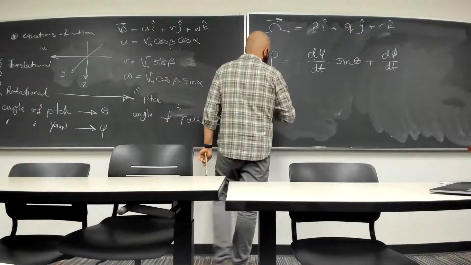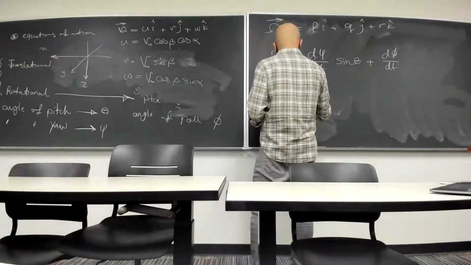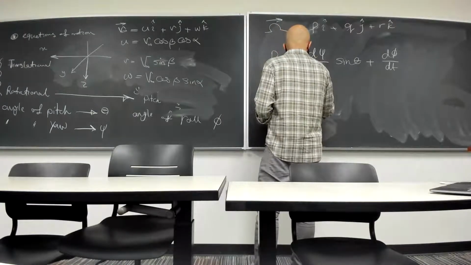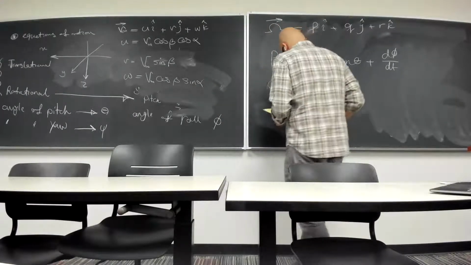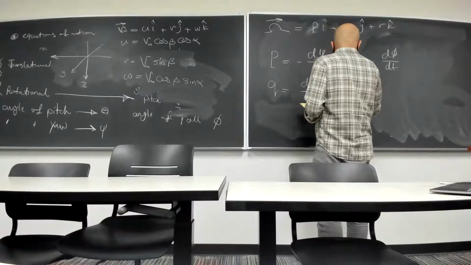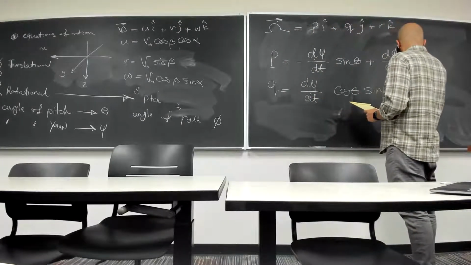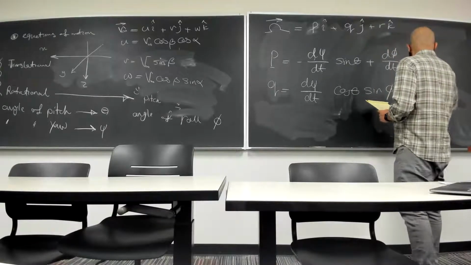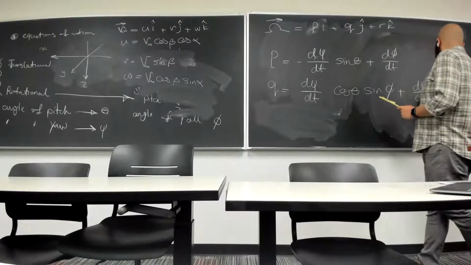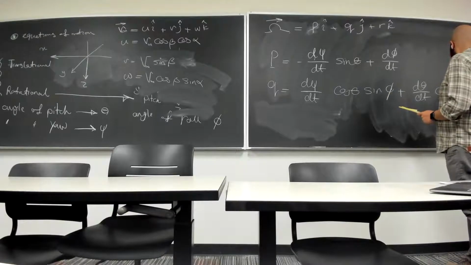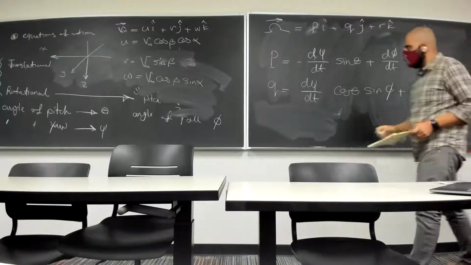Q is going to be equal to d psi dt cosine of theta sine of phi. I don't really memorize these parts myself. Plus d theta dt cosine of phi.